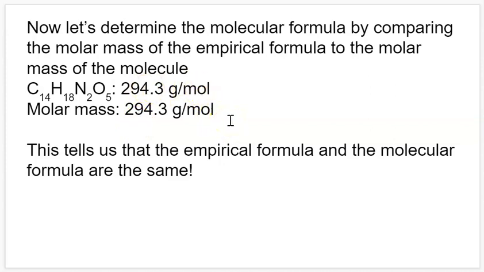That tells us that in this specific circumstance, the empirical formula and the molecular formula are the same, which is totally fine. We saw that earlier with, say, NO2, nitrogen dioxide. The molecular formula and the empirical formula are the same because the molecular formula is already the smallest ratio you can get, if that makes sense.